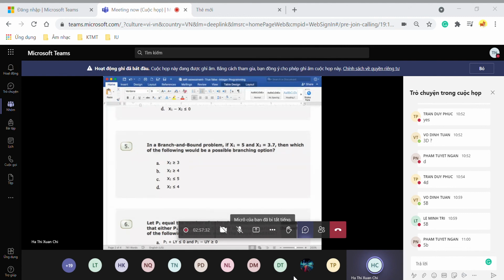Number 5, the answer is x2 greater than 4. B, right? So greater than 4 and greater than 3. So here not greater than 3, just greater than 4.